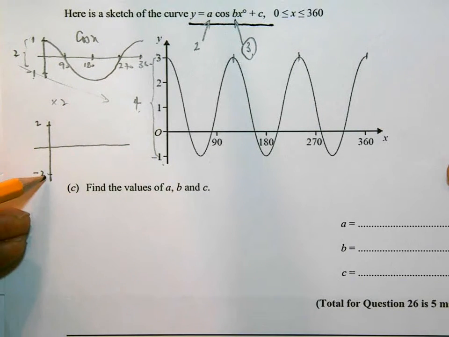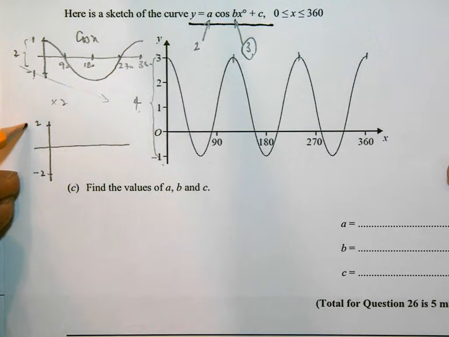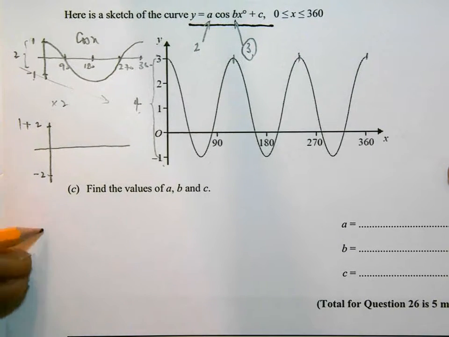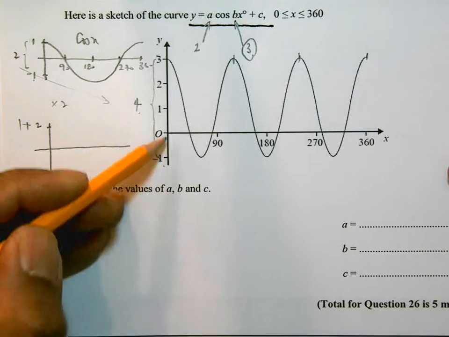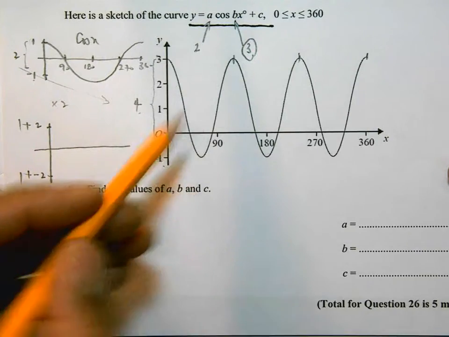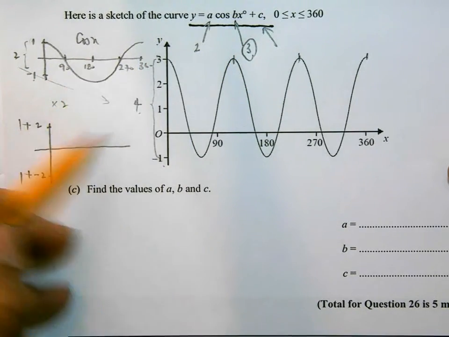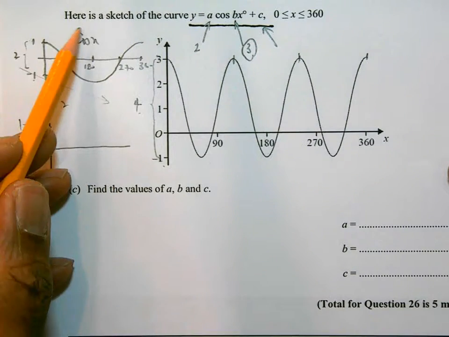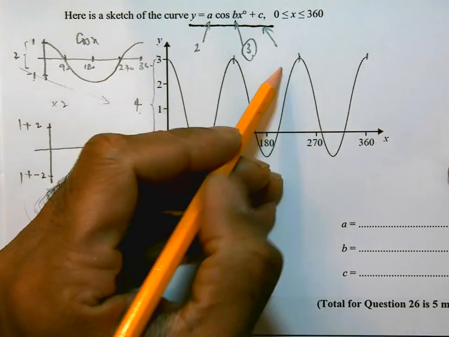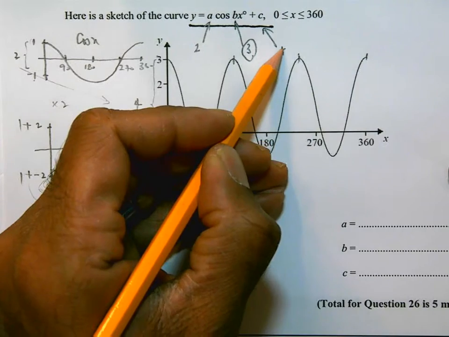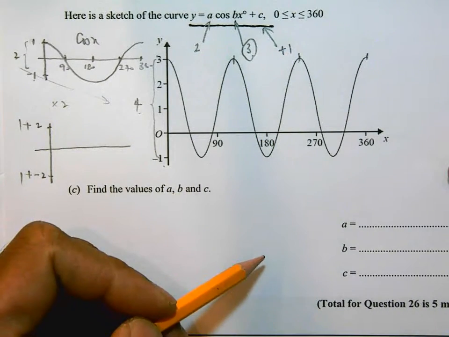In fact, if you think about it, if you add 1 to here and add 1 to here, that means the whole thing moves up 1. So C, the thing that I've added to the whole expression, means that it's just going to go up 1. So C means +1. And those are my values.